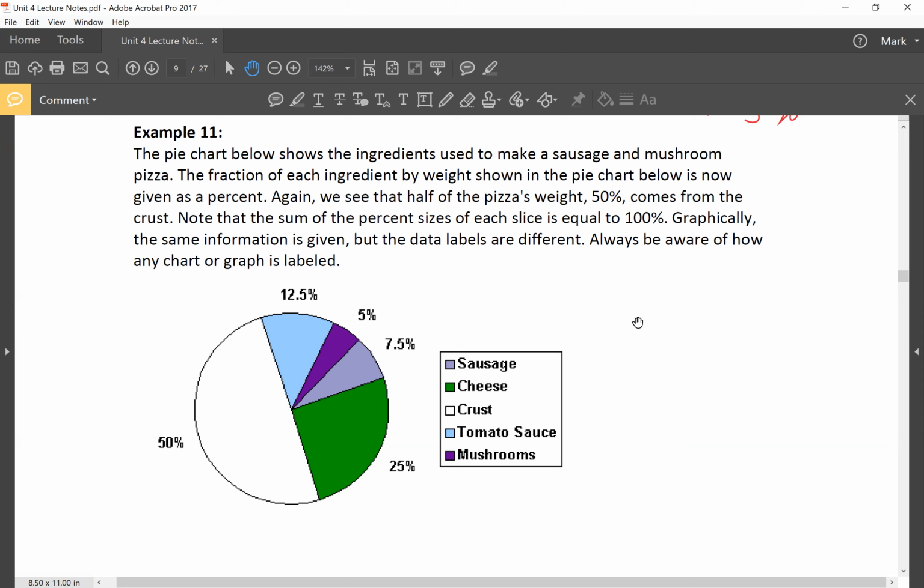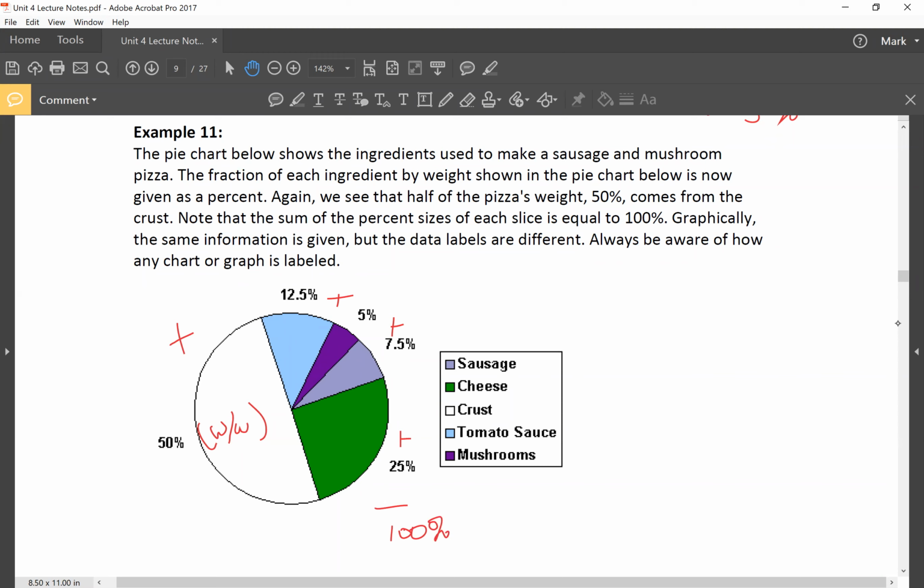So this is a weight percentage here. Again, we see that half the pizza's weight, 50%, comes from the crust. And the rest of the percentages are there. And you'll notice if you add them all up, they will equal 100%. A pie chart has to equal 100%.